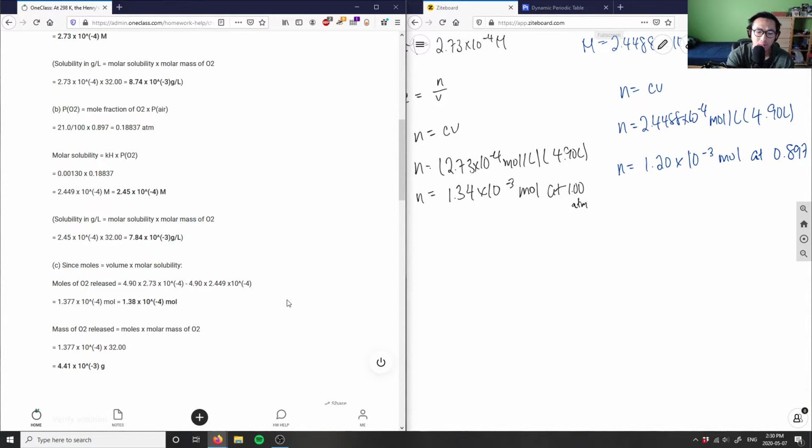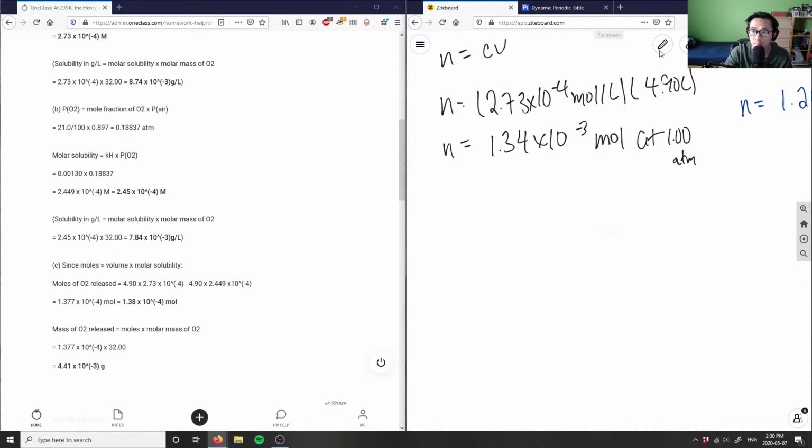Again, I have 1.34 times 10 to the negative 3 minus 1.20 times 10 to the negative 3. I think I inputted something wrong in my calculator. Basically, the moles of O2 being released equal the moles at 1.00 ATM minus the moles at 0.897 ATM.